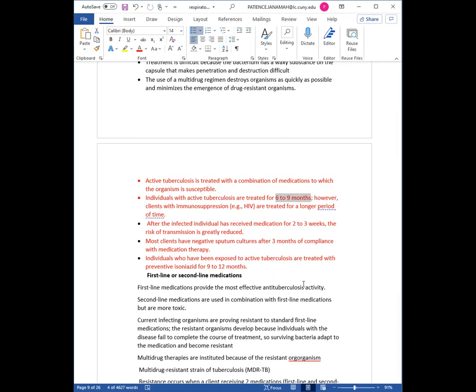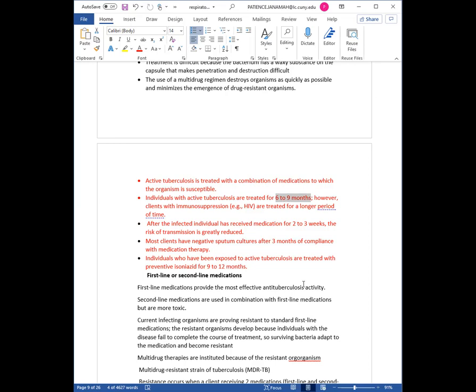After individuals have received medication for 2 to 3 weeks, the risk for transmission is greatly reduced. I think we spoke about this one already. Most clients have negative sputum cultures after 3 months of compliance with medication therapy. So if the treatment is 6 to 9 months and you comply with the medication, very good.